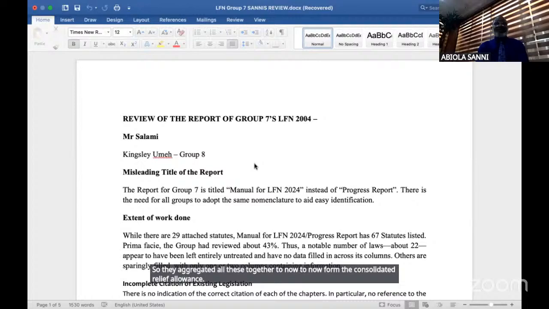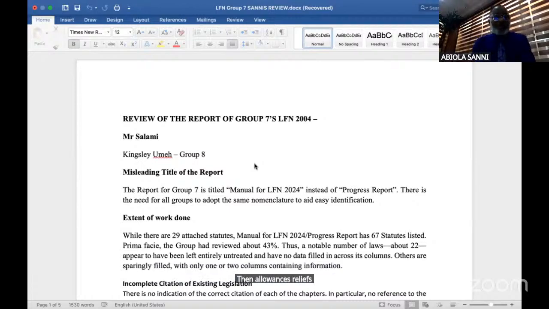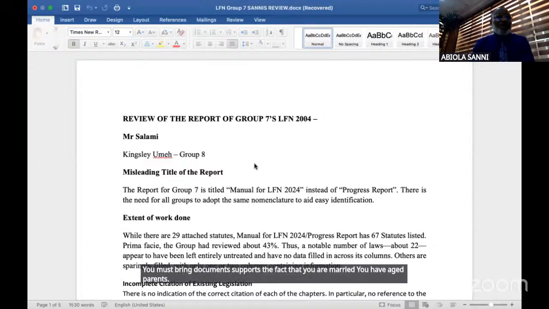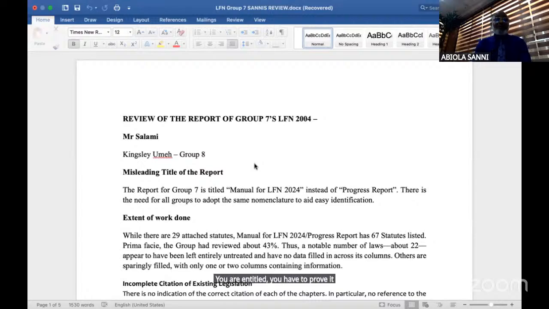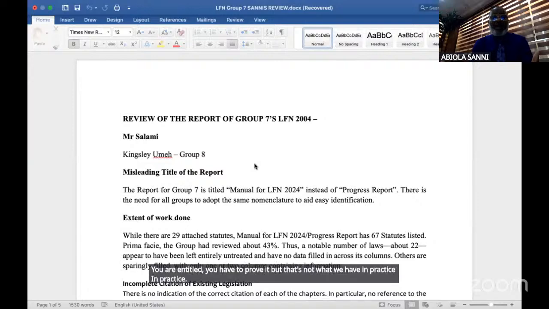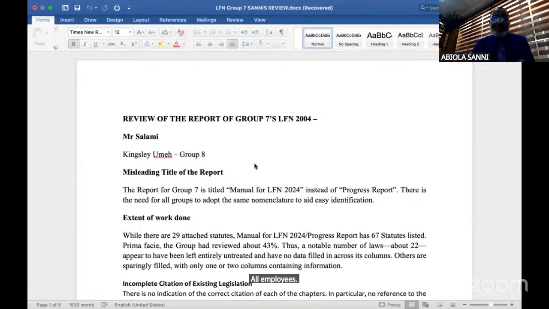Then allowances and reliefs were not automatic. You must bring documents to support the fact that you are married, you have aged parents; you have to prove it. But that's not what we have in practice. In practice, all employees are married, all employees have 4 children, all employees have aged parents.